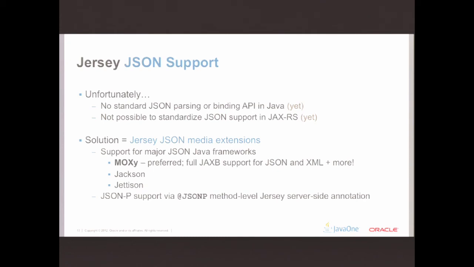You just add a JSON-P annotation to your method, where you can specify additional things like whether you want to change the default JSON-P name from callback to whatever is custom, or whether you want to let the client specify via a query parameter the custom name of the callback. So that's all possible to configure via the annotation, and you really just return your JSON data, and it will be automatically wrapped using the JAX-RS 2.0 interceptor into a proper format.